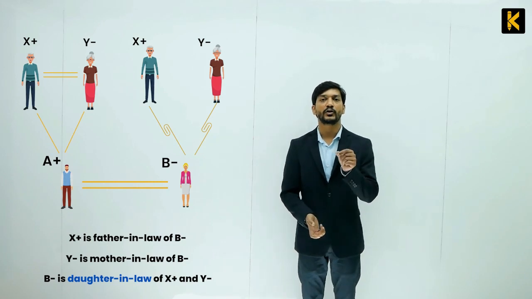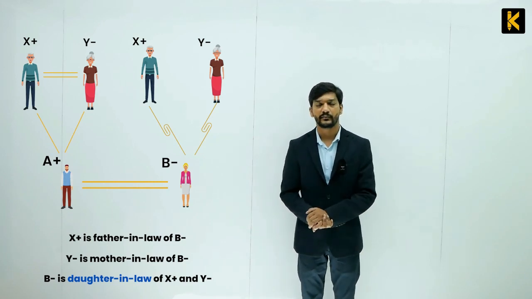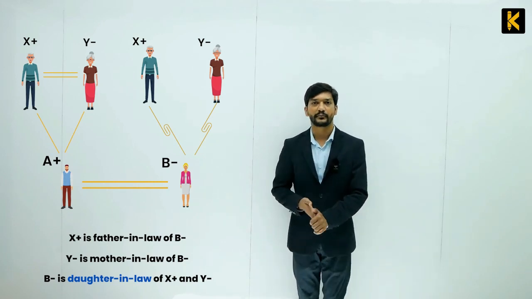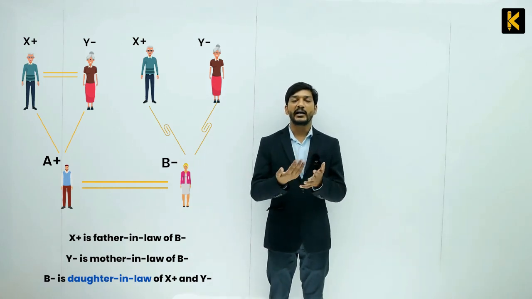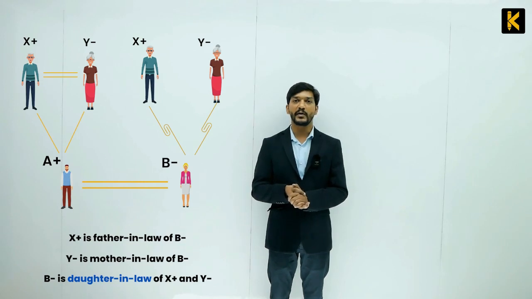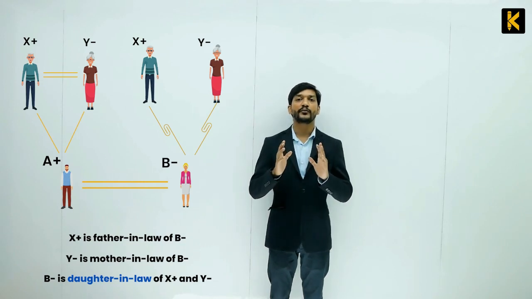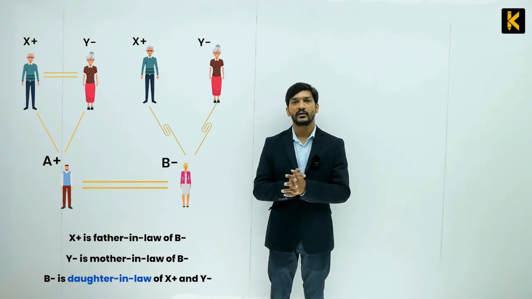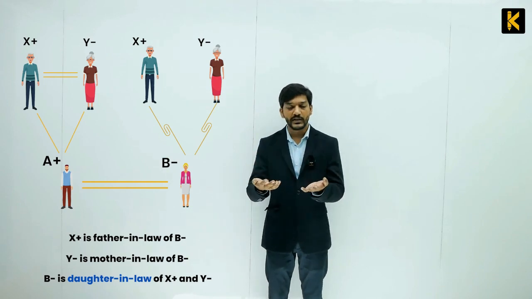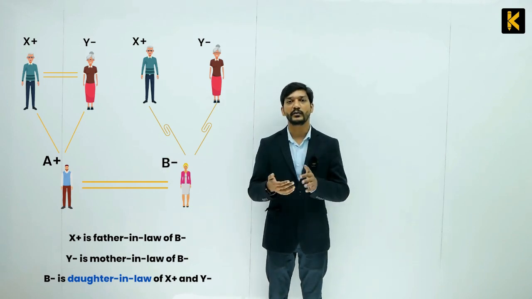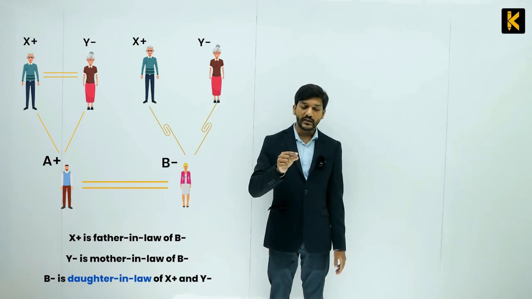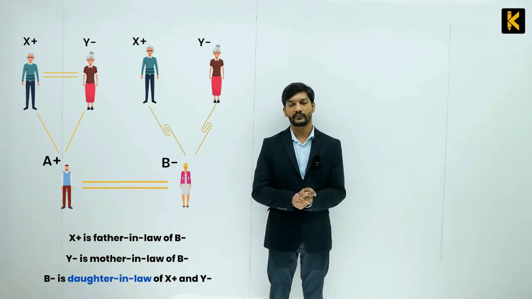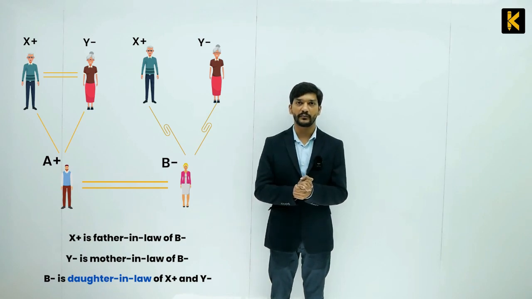It will be daughter-in-law. So please remember that once you get married, all of your husband's relations or your wife's relations will become yours as well. But the only thing that will change is that in-law will be added. Okay, in-law will be added.